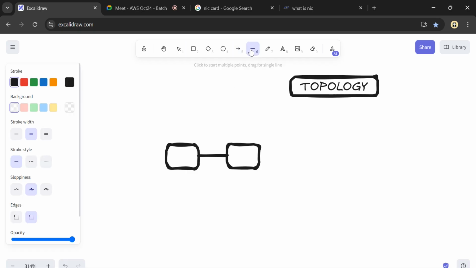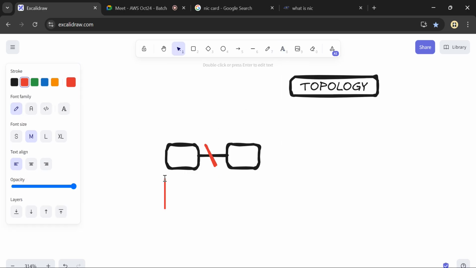In case this connection breaks, then there are high chances that the networking will break, because the connection has broken. Now they won't be able to establish the communication. So this is what we call an end-to-end connection in topology.